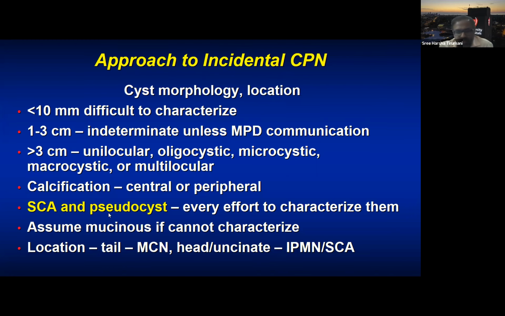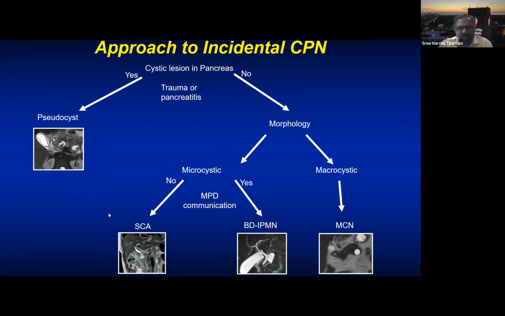We talked about the location already. So this is a quick flow chart of how to look at it. As I mentioned before, when you see a cystic lesion, try to find out if there is any prior history of pancreatitis. If that is the case, then it's likely to be a pseudocyst. If not, then the next step is to look at the morphology. If it's a cyst which is big enough, say more than 3 centimeters, you can make out micro and macrocystic.